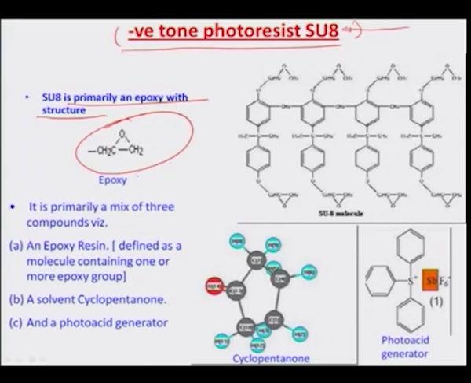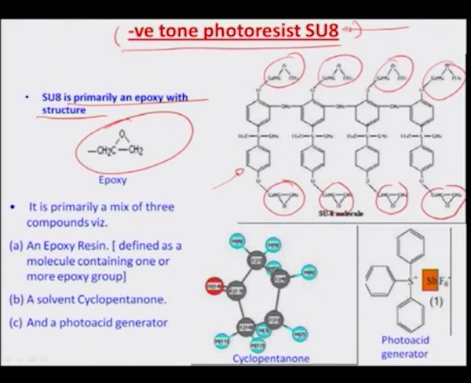You can see here the SU8 molecule with epoxy rings at both ends. Okay. So, there are rings at both flanks of the molecule, and somehow we will have to do some chemical modification of this ring so that they can cross bond, and that cross bonding should only happen on exposure to light. So, what are the other constituents?